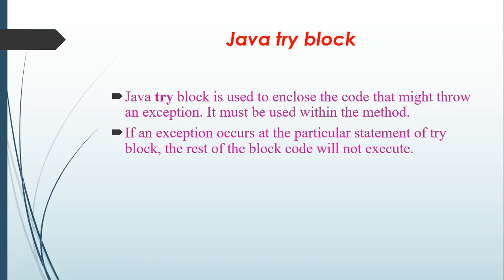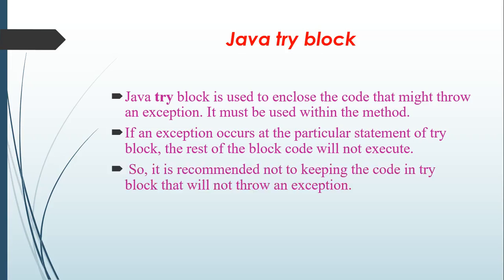Once an exception occurs, the statements inside the try block after it are not executed; otherwise the program runs normally. So it is recommended not to keep code in the try block that will not throw an exception.